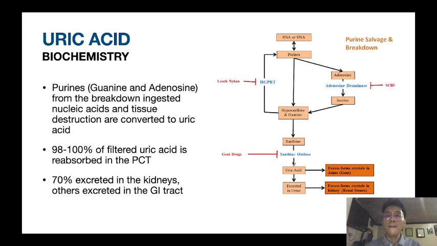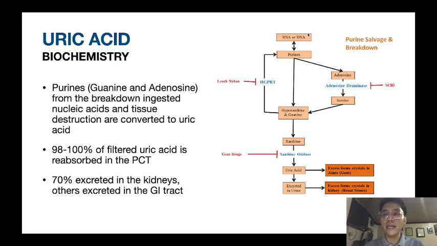So how is uric acid produced from the purines? So again, purines, guanine and adenine niya siya. Guanine and adenine from the breakdown of ingested nucleic acids. So yung mga kinakain natin na nucleic acids and tissue destruction are converted to uric acid. 'Di ba, asan natin makikita ang purines?